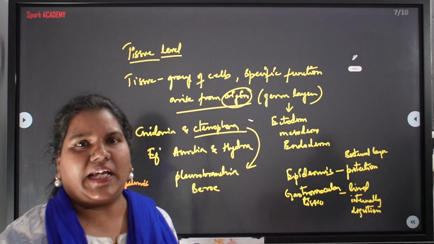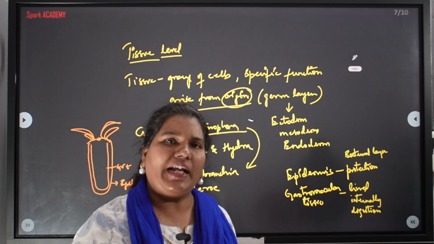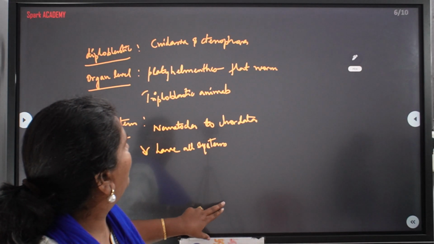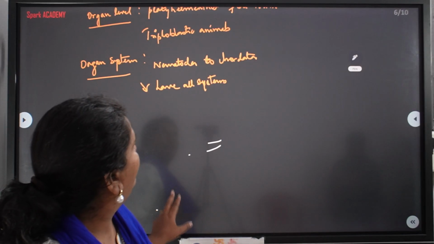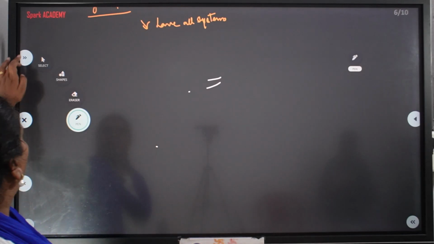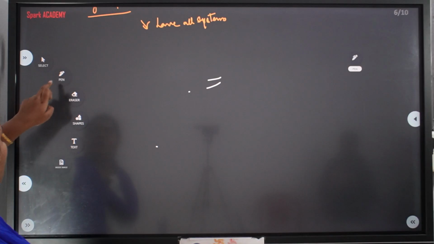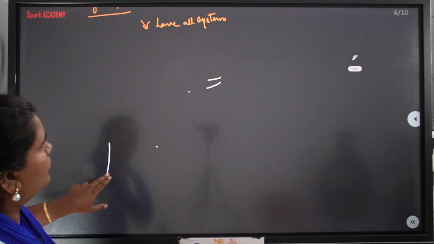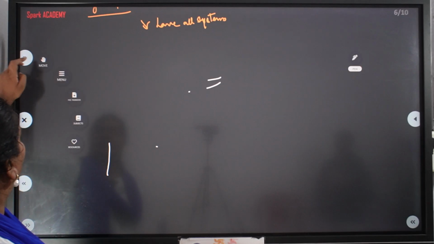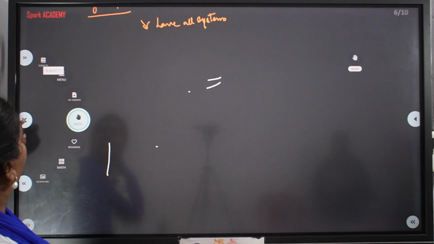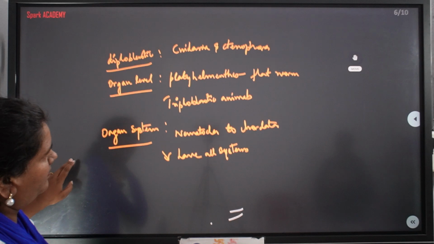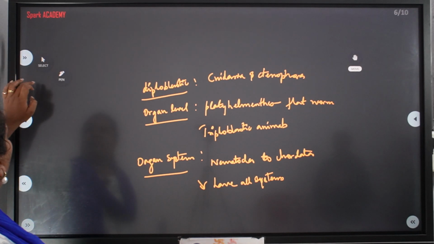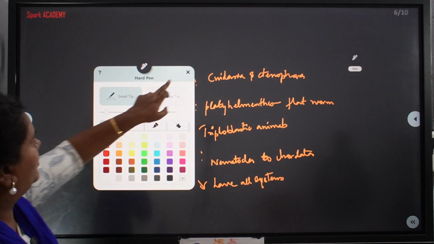And triploblastic animals low or higher animals low, why do we see this complexity? What kind of complexity? See, complexity in terms of digestive system, complexity in terms of circulatory system, right? Different types of complete, incomplete and నేర్చుకున్నాం కదా. Okay.